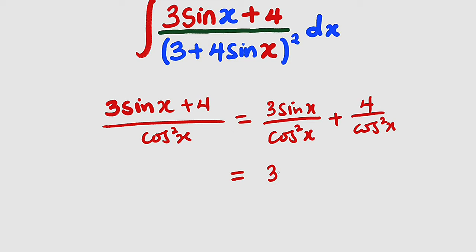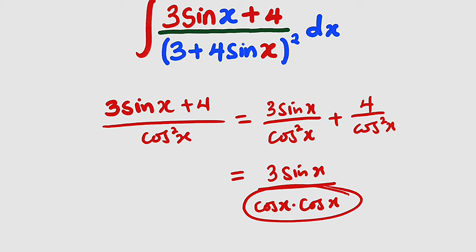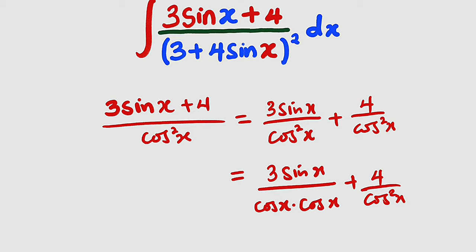We can have 3 sin x here divided by cosine x times cosine x, that's exactly cosine squared x. And this remains 4 divided by cosine squared x.